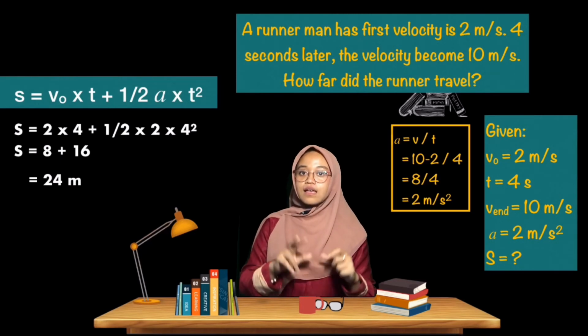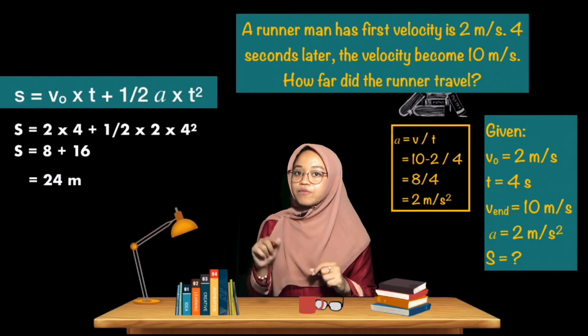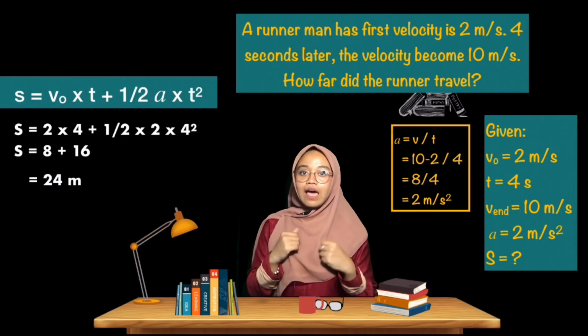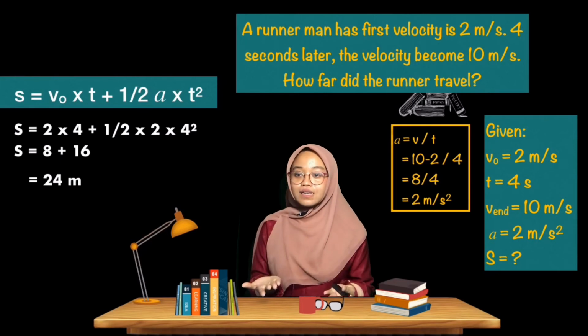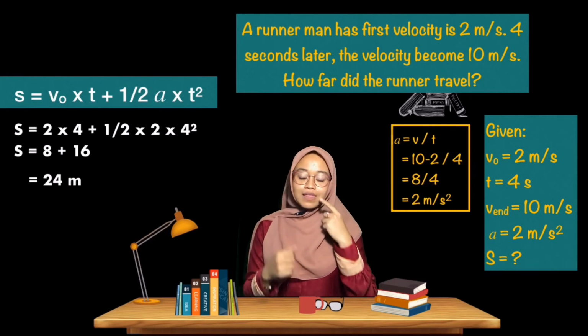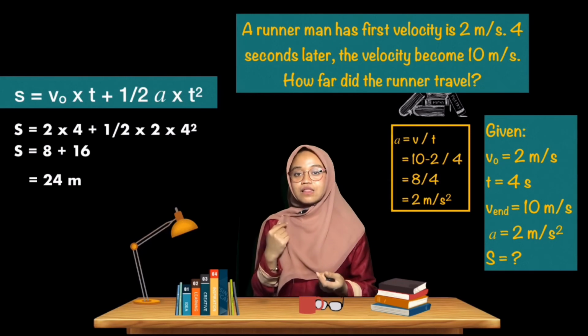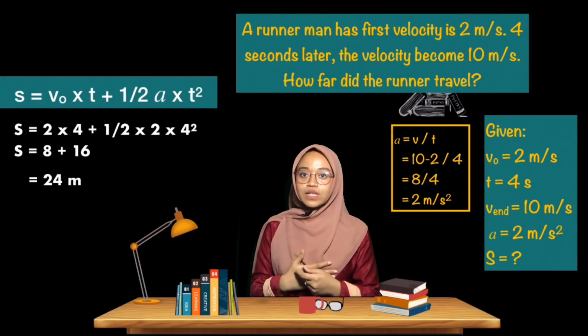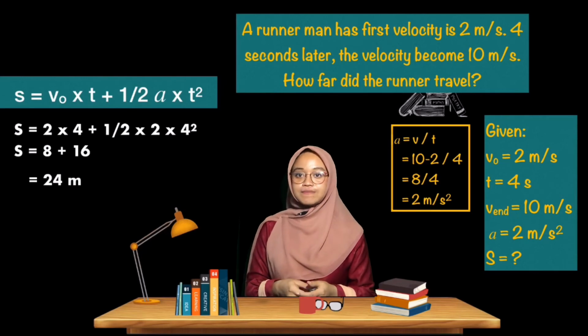Next, 2 times 4 is 8 plus 16, and the result is 24 meter. So the distance the runner traveled is 24 meters.